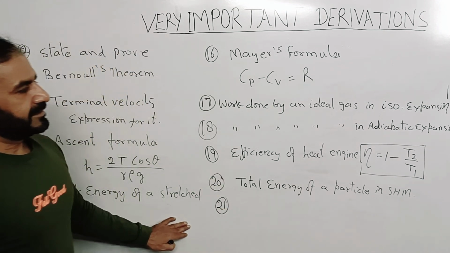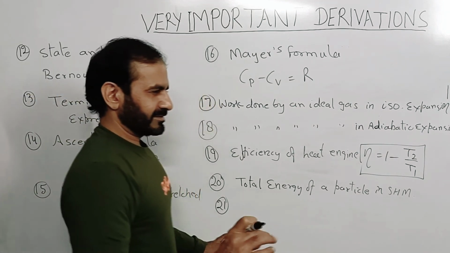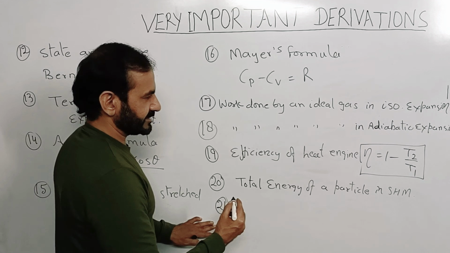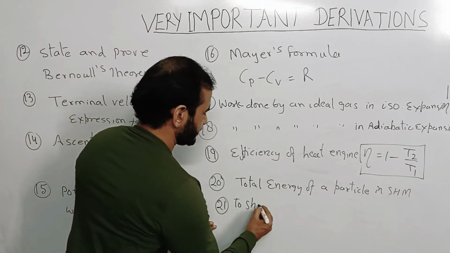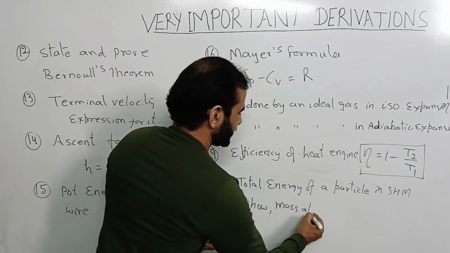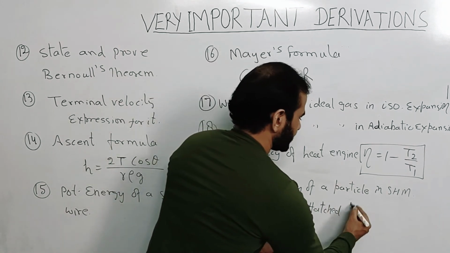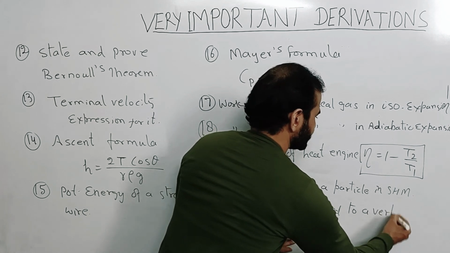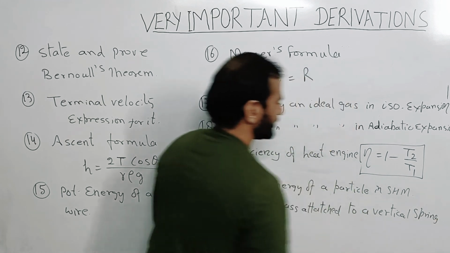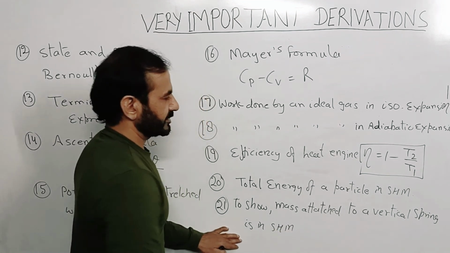Next, you have to show that given motion is SHM or not. There are 3 or more, but a mass attached to a vertical spring is in SHM, you will have to show. To show mass attached to a vertical spring is in SHM while oscillating.